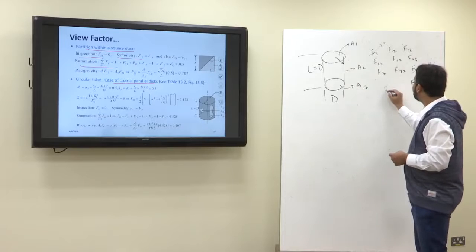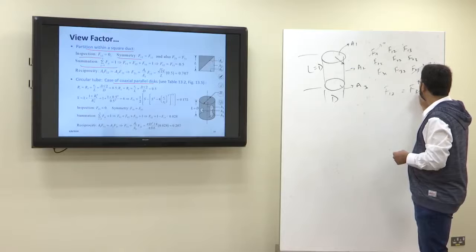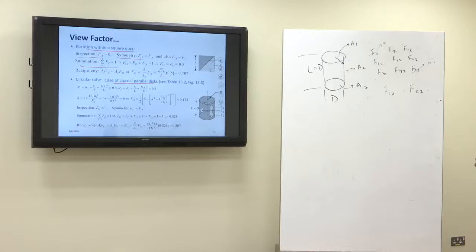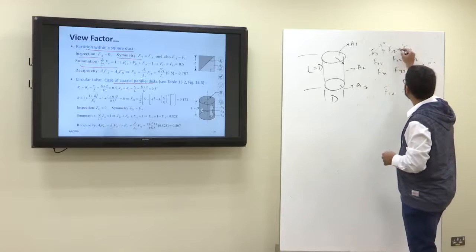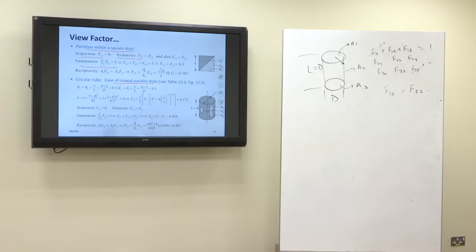So F12 is equal to F32. But still it does not solve anything for us. We know that as per the enclosure law, the sum is equal to 1.